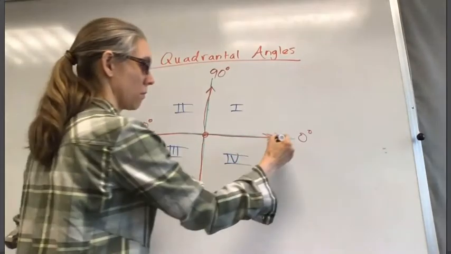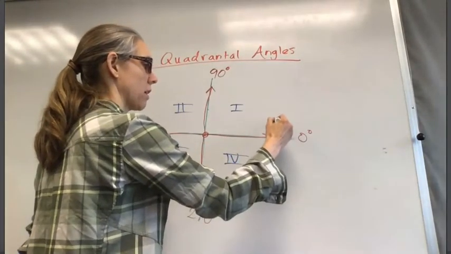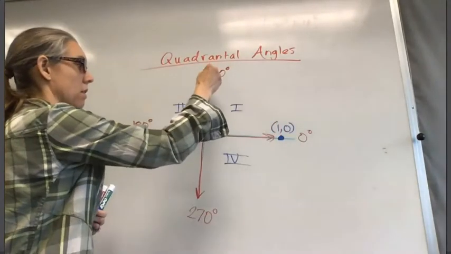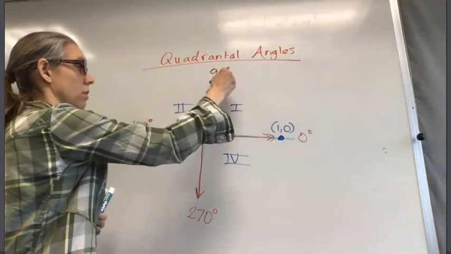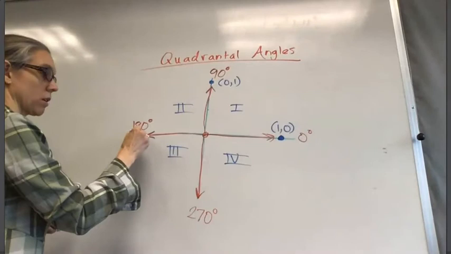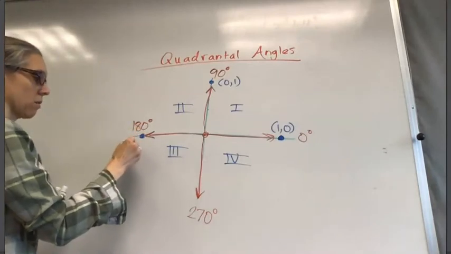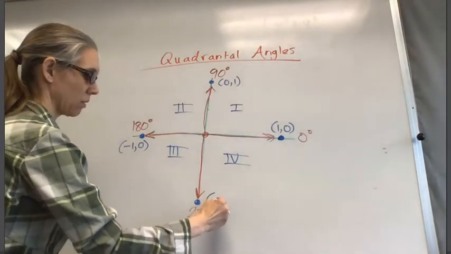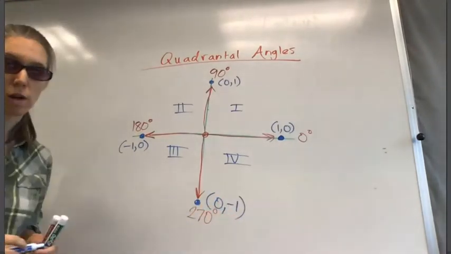Let's say this point right here is 1, 0, and this point right here is 0, comma 1. This one over here would be negative 1, 0, and this one right here would be 0, negative 1.